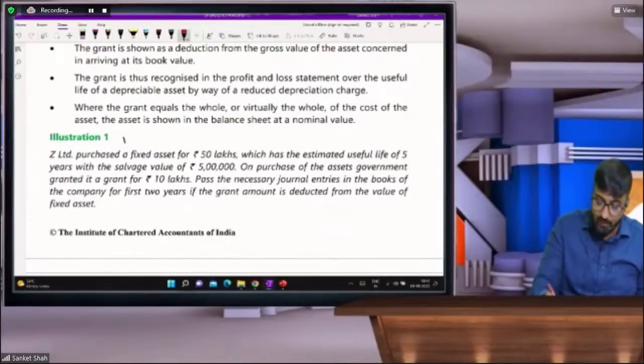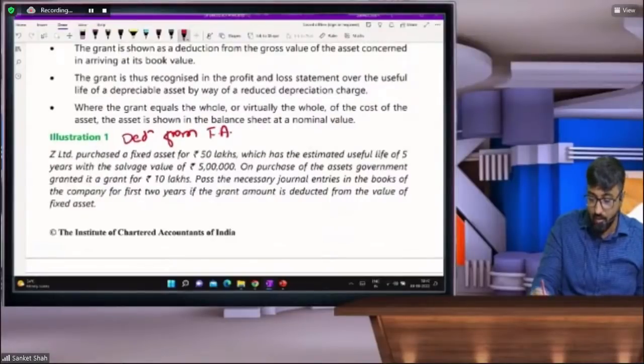So this is a deduction from fixed asset. You can refer to the answer.